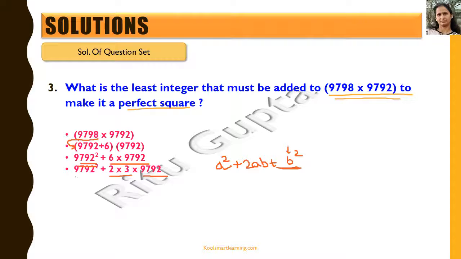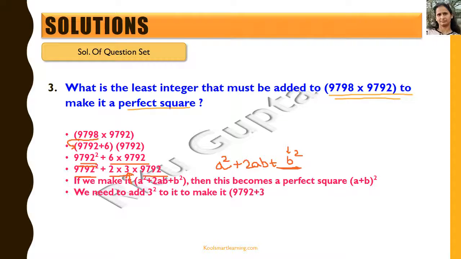So a square is 9792 square, and then 2 multiplied by a, which is 9792, and then b, which is 3. So that means if we add 3 square to it, we get a perfect square. So the least integer that we need to add to it is 9 to make this a perfect square.